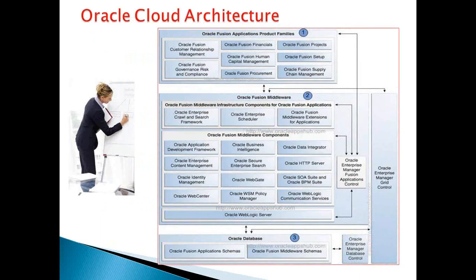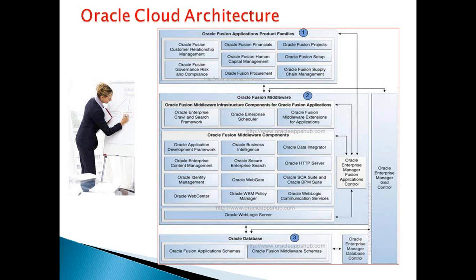So here is how the cloud architecture looks. The cloud architecture is a three-tier architecture, where the first tier is always the application product families, like Fusion Financials, Fusion Projects, Fusion Human Capital Management, etc. The second layer is the Fusion Middleware, where you have servers like Oracle Business Intelligence, WebGate, WebCenter, Identity Manager, HTTP server, SOA Suite and BPM Suite, Data Integrator.